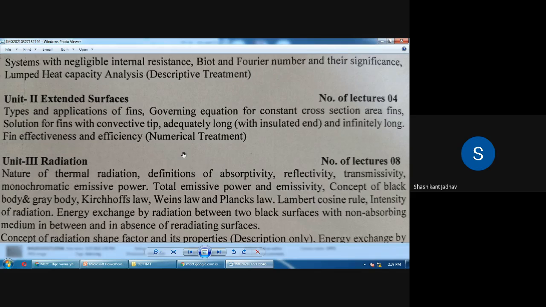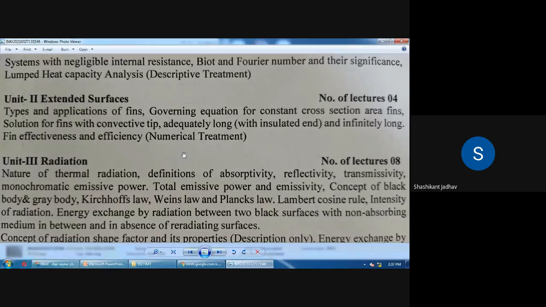For these three cases we have to derive the equations, and by using those equations we have to calculate the different values. For the extended surface, if the surface is infinitely long, that is case number 1. If that end is insulated, that is case number 2. And if there is heat transfer at the end because of convection, that is case number 3.